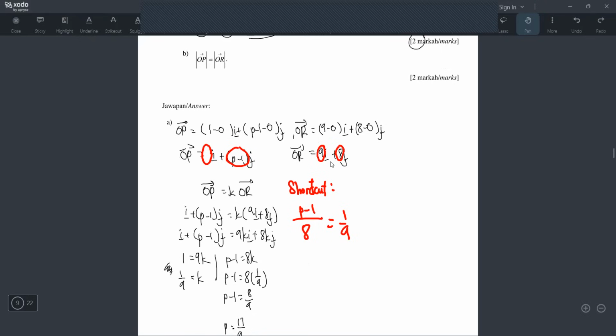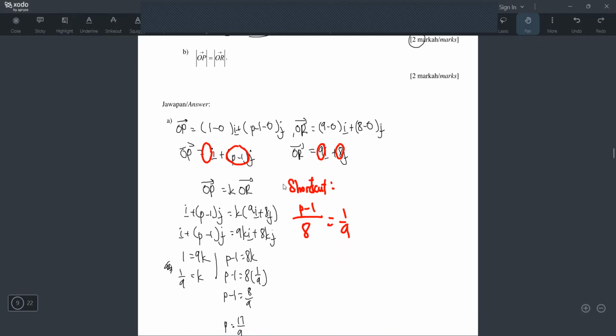You will take I coefficient divide I coefficient equals J coefficient divide J coefficient. But for this case, I will take J here, but it's up to you. You can take this one over this one, or this one over this one, also can. But I choose this one over this one because my P is here. So it'll be P minus 1, J coefficient divided by J coefficient. So P minus 1 divide 8 equals 1 divide 9.